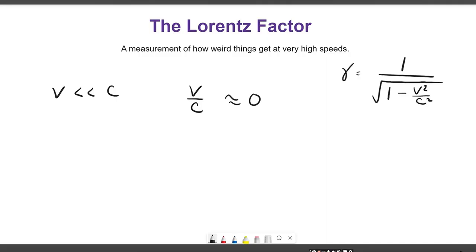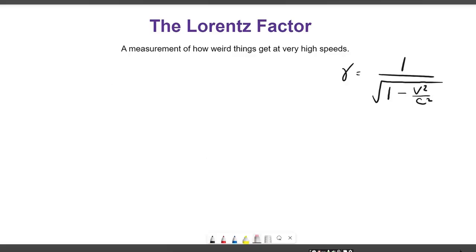And then what you're left with is 1 over the square root of 1 minus 0. So that's just 1 over the square root of 1, or 1 over 1, or 1. And when you multiply anything by 1, it's just going to be itself. So that's how we end up with E equals mc squared, or momentum equals mass times velocity, or length equals length.